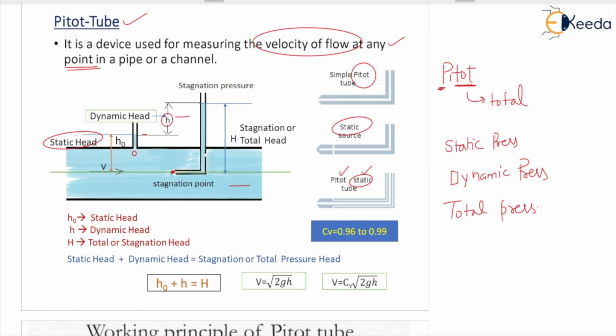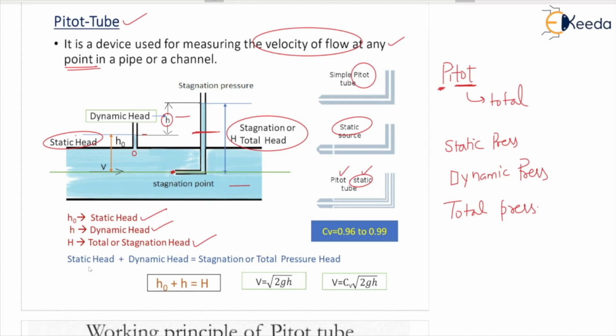Because of this pressure, the liquid will rise to some extra height in the tube, and that is given the name H here, and that is dynamic head. So H naught is the static head, H is dynamic head, and capital H, which is mentioned here, is stagnation or total head. Okay. Now how can we use it in terms of equations?